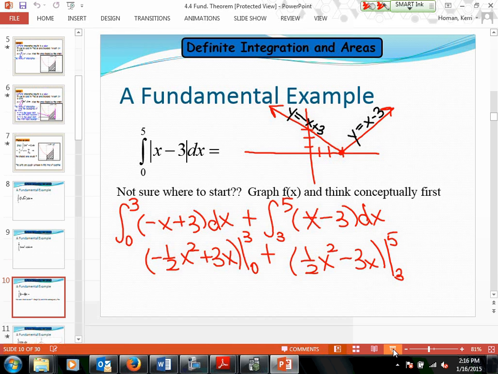Okay. Let's do this. We plug in 3 to get negative 1/2 times 9 plus 9. So negative 9/2 plus 9, which would be negative 27/2. Nine plus 18/2.